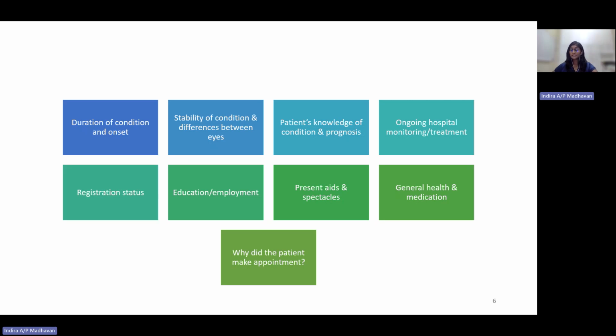But based on the complaint and the history taking on general health and medication, we can get a clue that this patient might have diabetic retinopathy, even though we haven't assessed them.